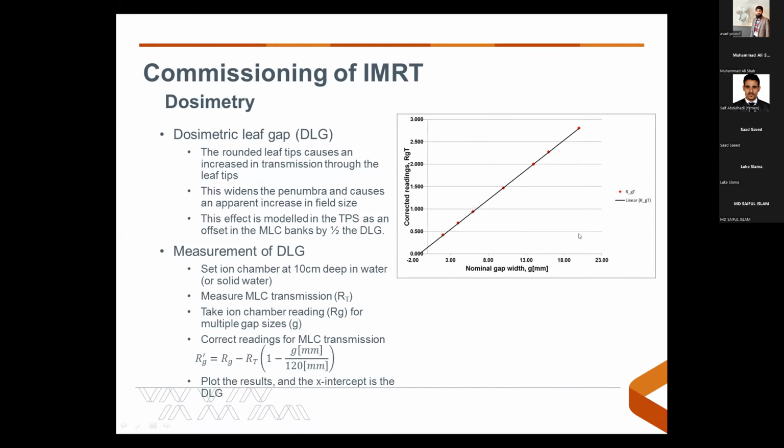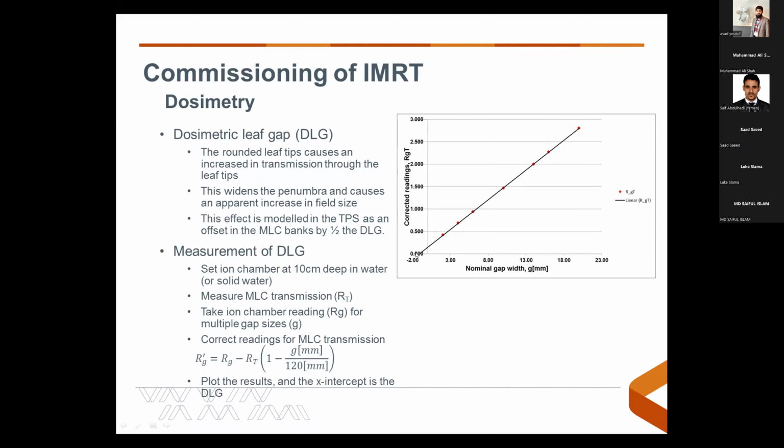For example, we go from 20 to 2 millimeter gap widths between the MLC banks and deliver those to an ion chamber. Then we correct those readings for MLC transmission using this formula here. And then we plot the results against the gap width, and the x-intercept is the DLG.